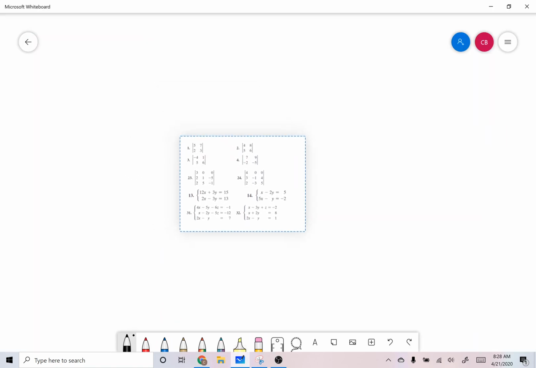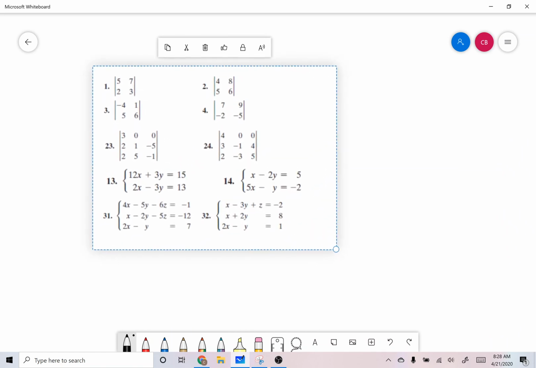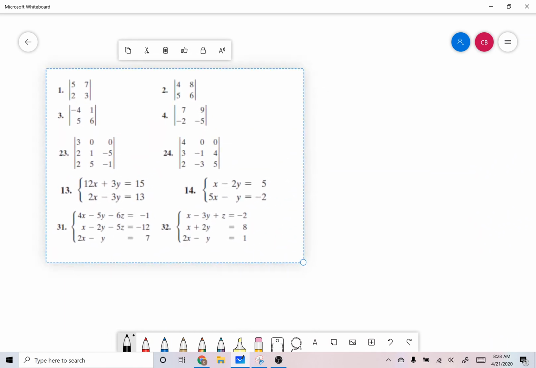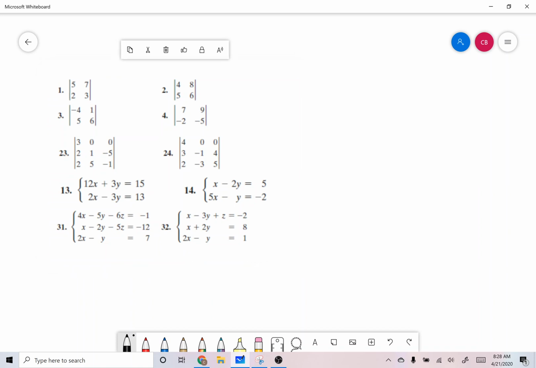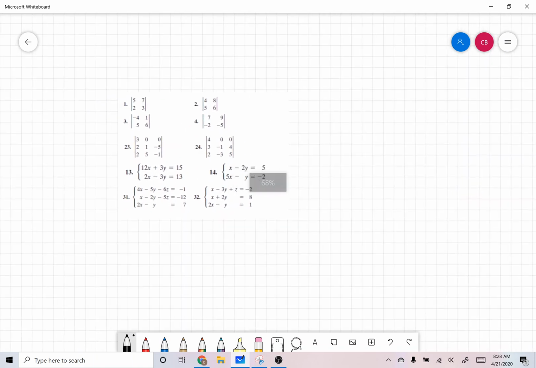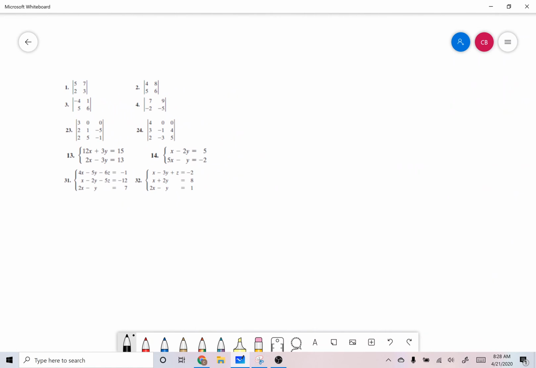So if we have these equations, we can do some more practice. We have a 3 by 3 now, and I'll show you 2 ways of how to do those. They're a little bit more tricky, but I know a pretty good method that works fairly well, and I think you'll like it. So if we do number 1, we have 5, 7, 2, and 3.